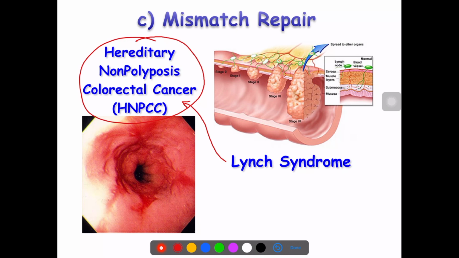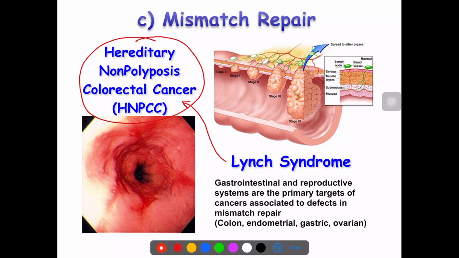And Lynch syndrome is then associated with gastrointestinal and reproductive system cancers, with the main organs affected being the colon, the endometrium, the stomach, and the ovarian regions. So individuals that are affected by Lynch syndrome typically end up developing epithelial cancers in one of those regions.